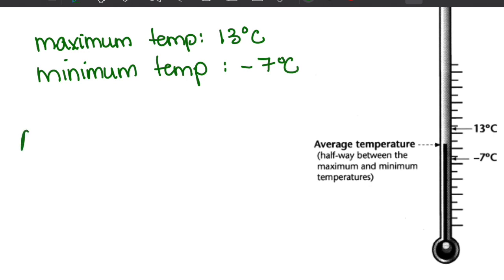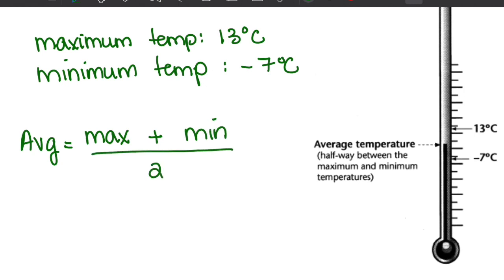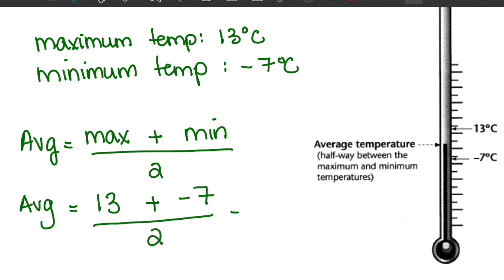So now the formula says to find the average, I'm going to use AVG to represent average. That is maximum plus minimum divided by 2. So the average is going to be the maximum, 13, plus -7, divided by 2. Now do this in steps. Do this first and get a number, and then we're going to solve the fraction.